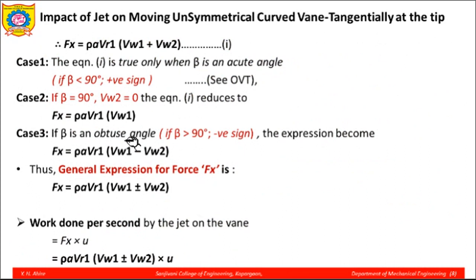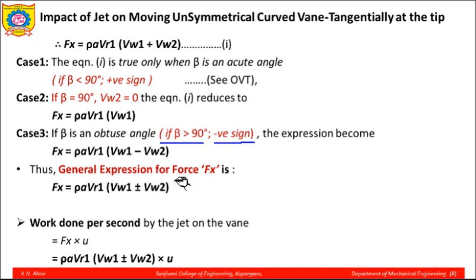Case number 3: if beta is an obtuse angle, if beta is more than 90 degree, then what happens? There will be a negative sign in the expression of the force. So here we have a negative sign. So Fx is equal to rho a Vr1, as the mass flow rate, into bracket Vw1 minus Vw2.